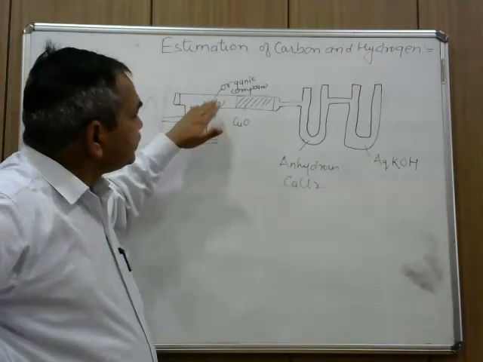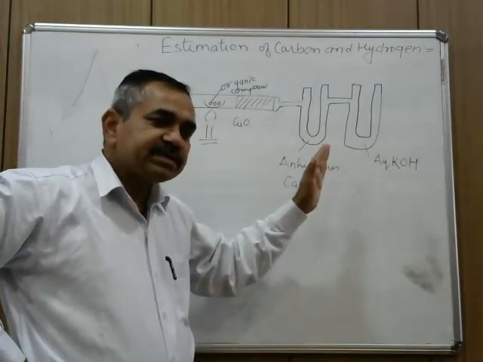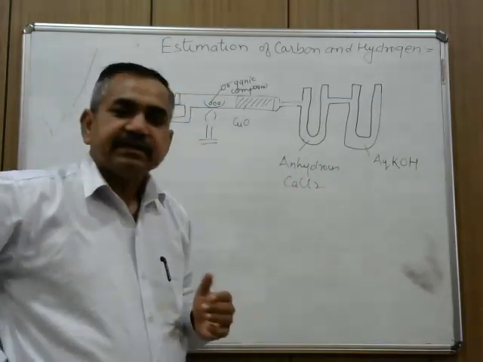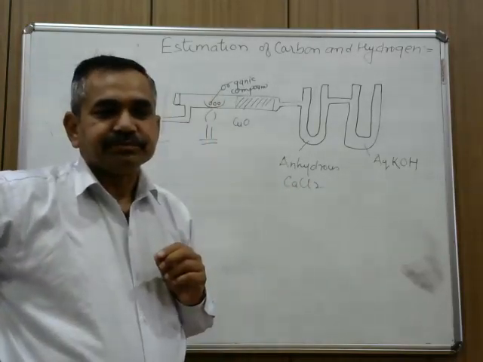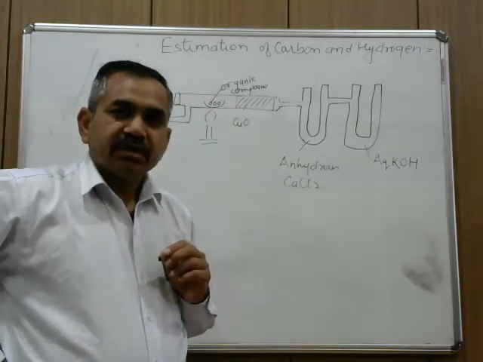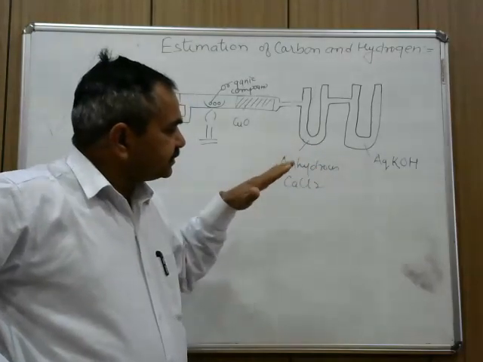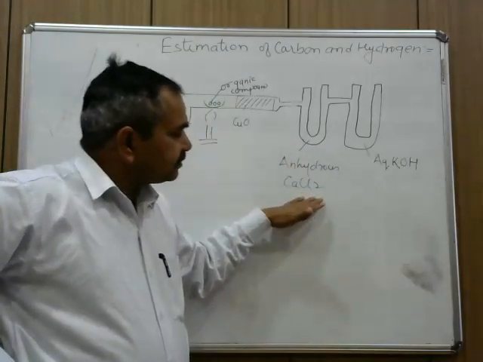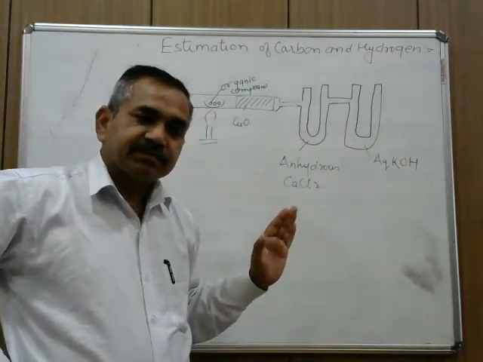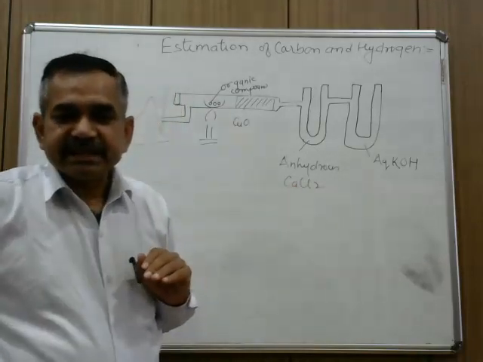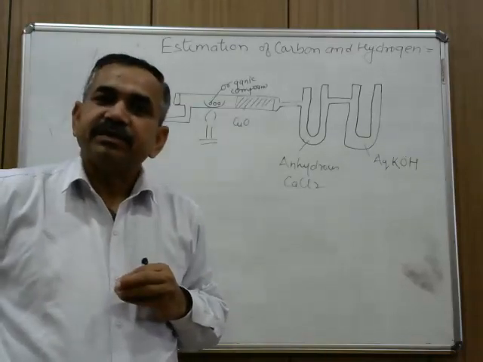And all the hydrogen which is present in this organic compound is converted to water vapors and absorbed here in the anhydrous CaCl2. Now, from the weight of carbon dioxide formed and the weight of water vapors formed, we can calculate the percentage of carbon or hydrogen present in the compound.